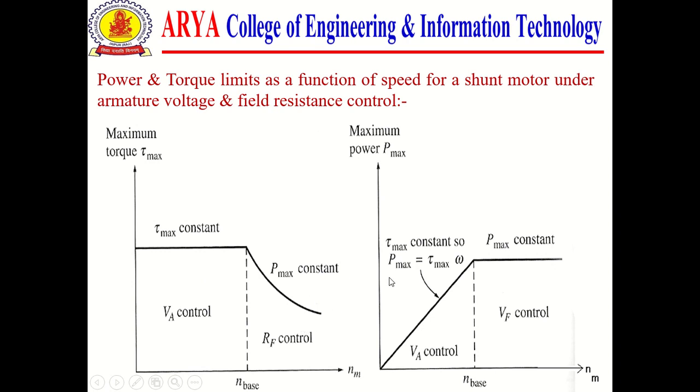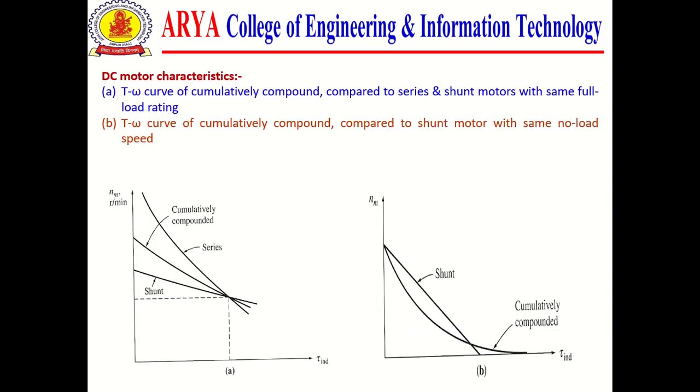This is the field control. This is the operation of maximum torque constant, and this is the operation of maximum power control. So these are the characteristics for safe values of armature voltage and field resistance control in operation below rated speed and above rated speed, if we want to control the speed and torque.